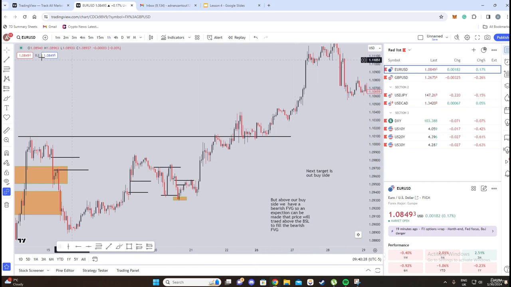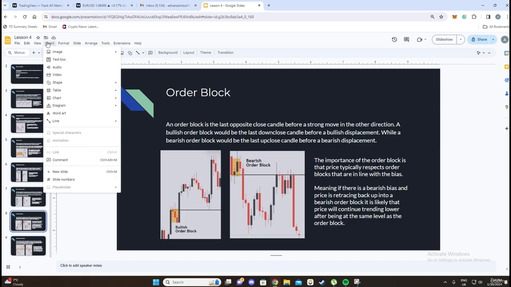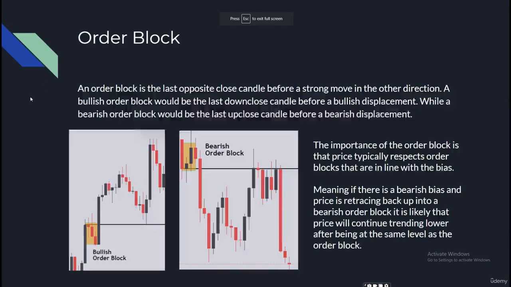Let's see what the next thing is. Next is an order block. And an order block is the last opposite closed candle before a strong move in the other direction. A bullish order block would be the last down closed candle before a bullish displacement, while a bearish order block would be the last up closed candle before a bearish displacement.